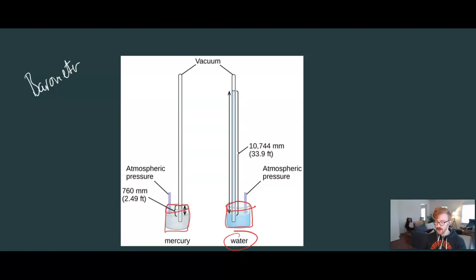I'll give you an expression that accounts for liquid density in a second. But you'll see that water has much lower density. In order to measure pressure changes, we actually have to have much higher displacements of water in the tube. So for practicality reasons, mercury makes a lot of sense for measuring changes in pressure.